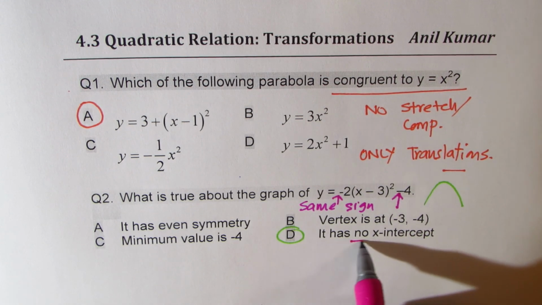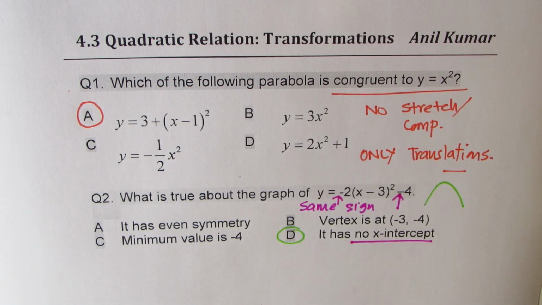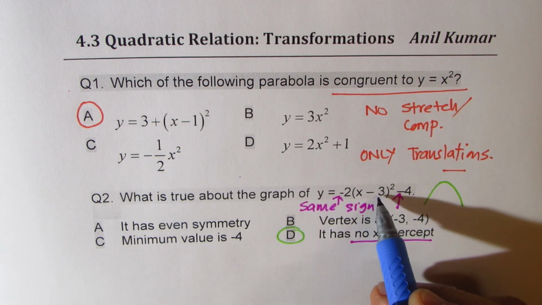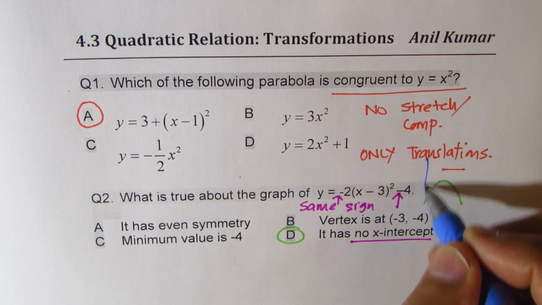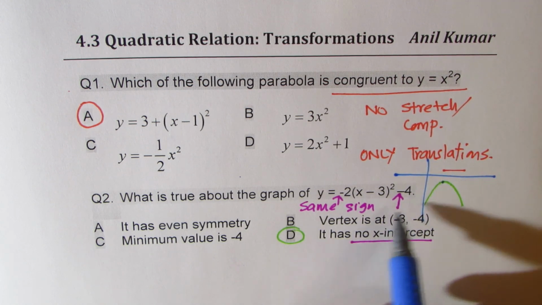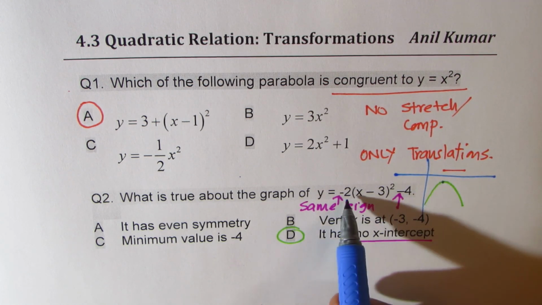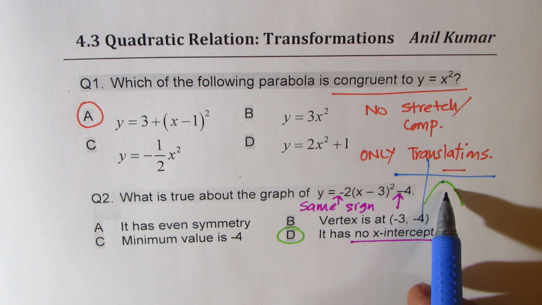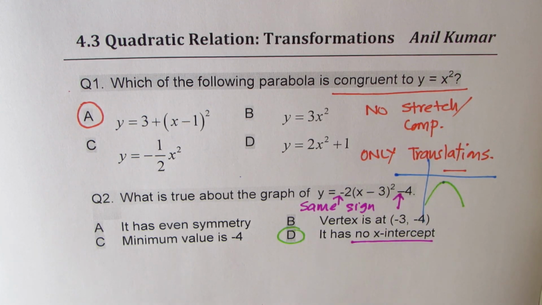Then we have no x-intercept. So that's a key, and it makes sense, correct? If you sketch your graph, it is at (3, minus 4), so let's say something like this. It's going downwards from the vertex, which is at a negative y value, and going down. Does it make sense to you? So no x-intercept.